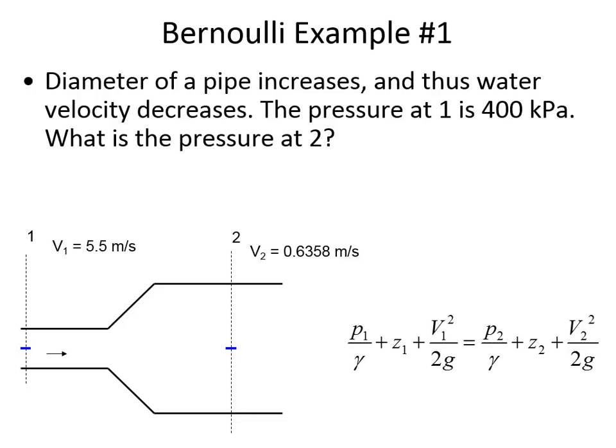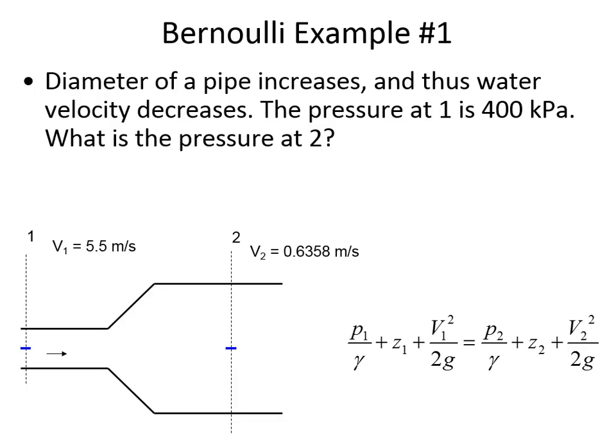Okay, we've got a V1 of 5.5 meters per second, and the V2 is 0.6358 meters per second. P1 is 400,000 newtons per meter squared.